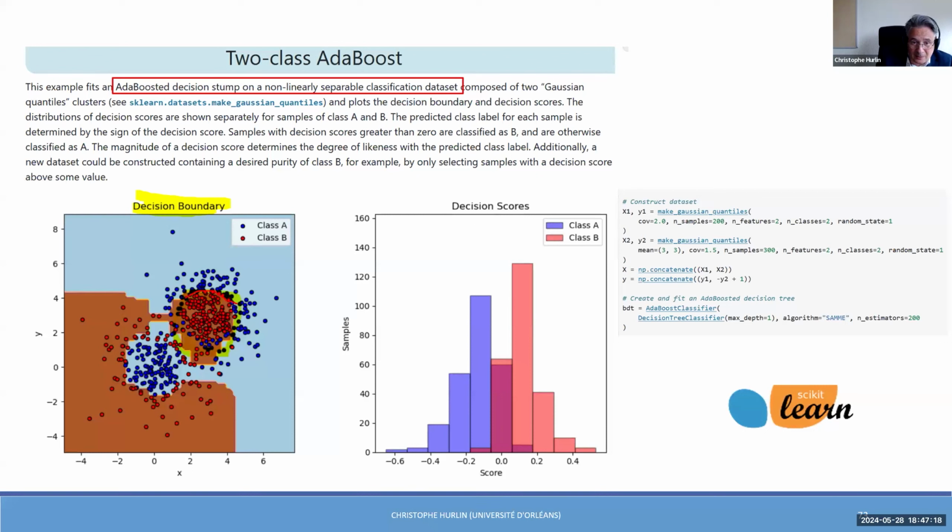And this decision is issued from the iterative aggregation of very simple models. In general, boosting is very efficient, for instance for classification, but also for regression models.